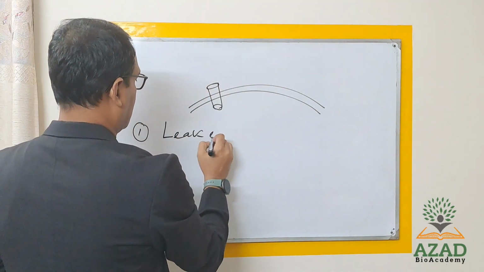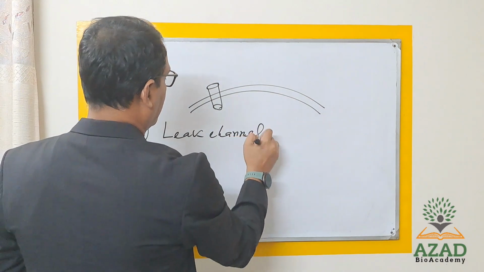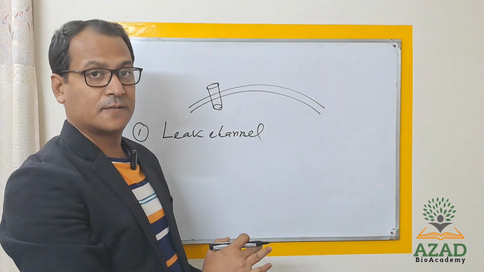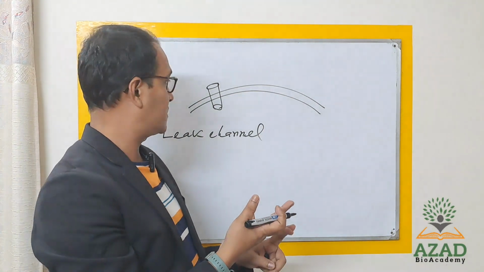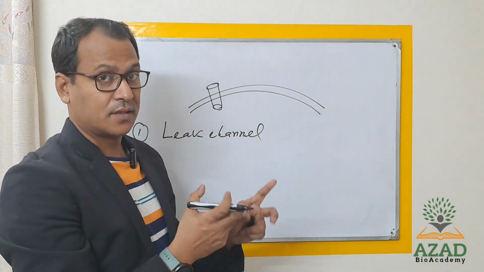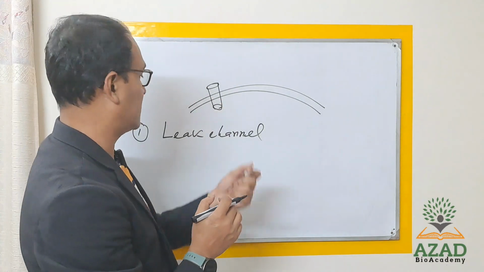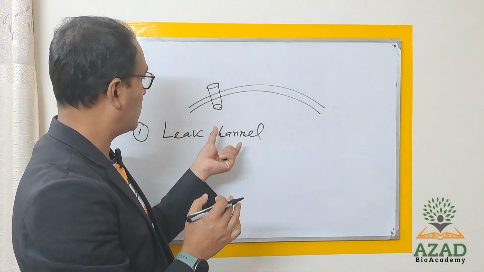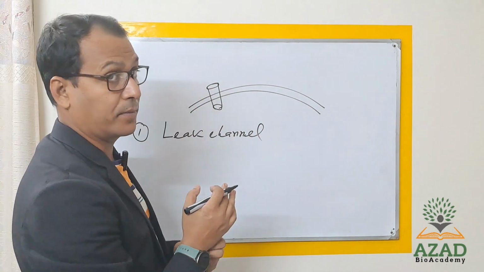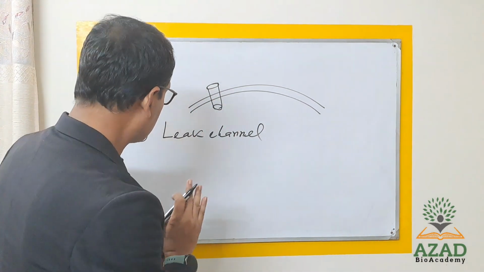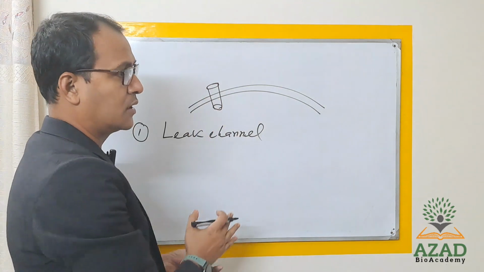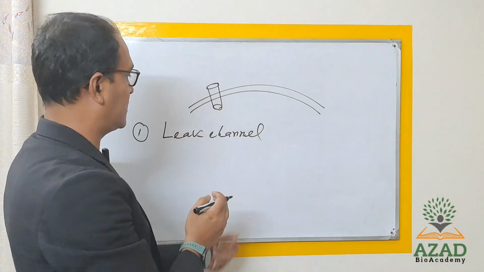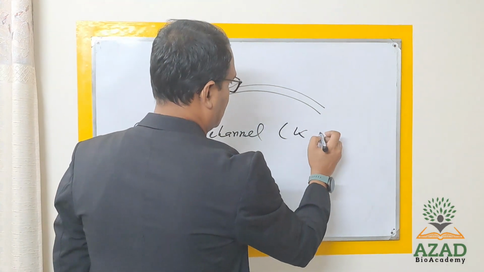A nerve cell has different types of leak channels: sodium channel, potassium channel, and chloride channel. What does leak channel mean? A leak channel is a protein channel which is always open. But in a nerve cell, the leak channel is basically considered a potassium channel.